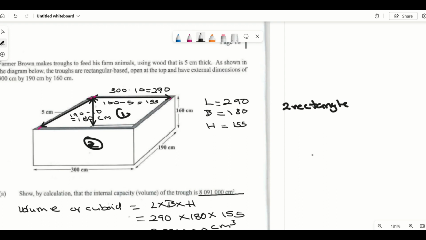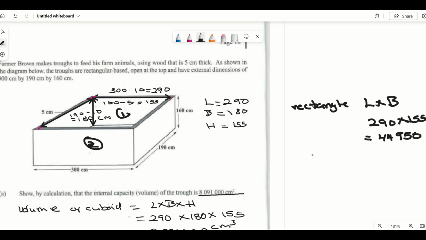So this is length times breadth, which is 290 times, what is the height? 155. And this would be for 1, so 290 times 155 is equal, so this is one rectangle, right? This is equal to 44,950, right?